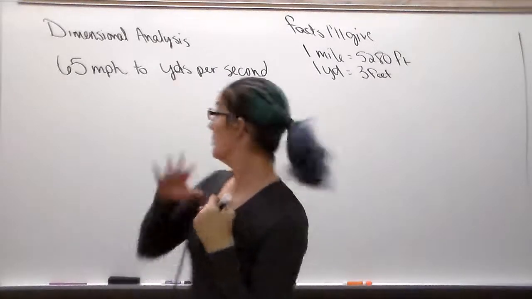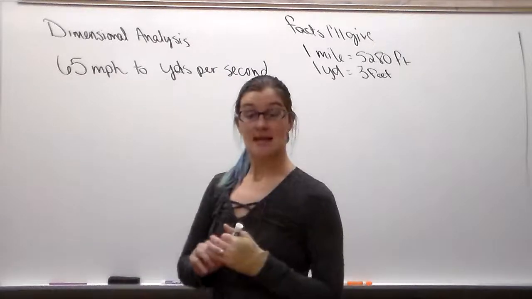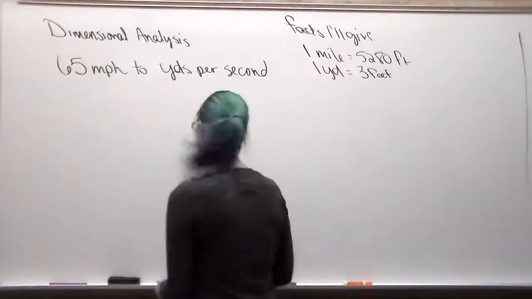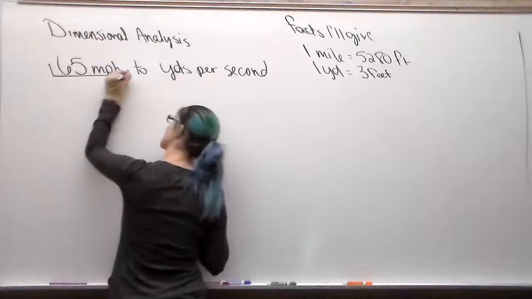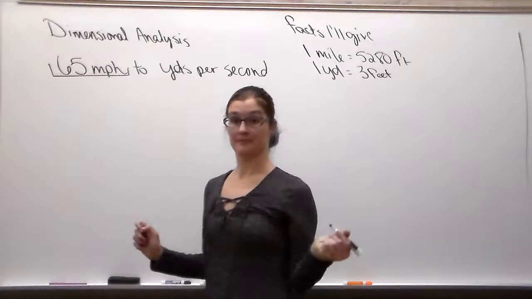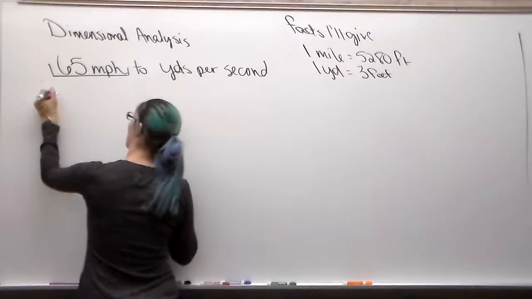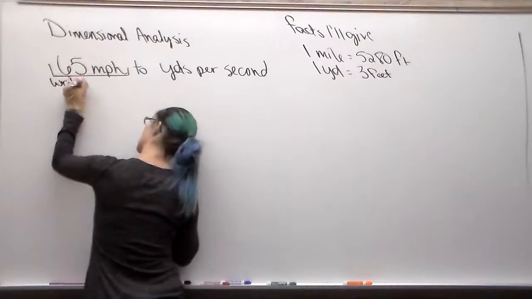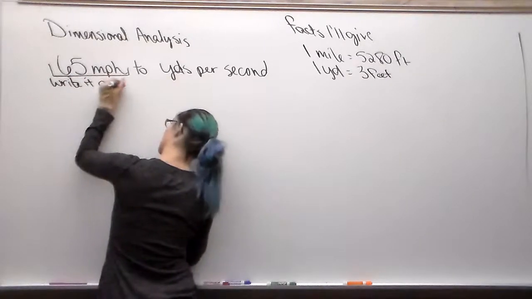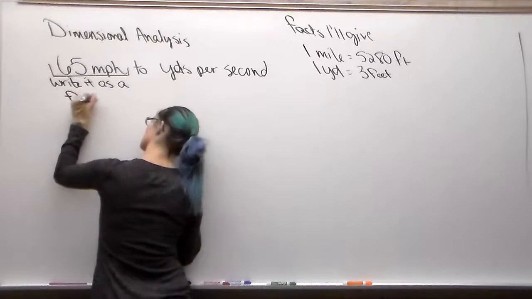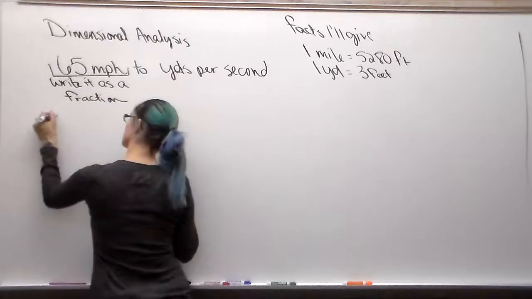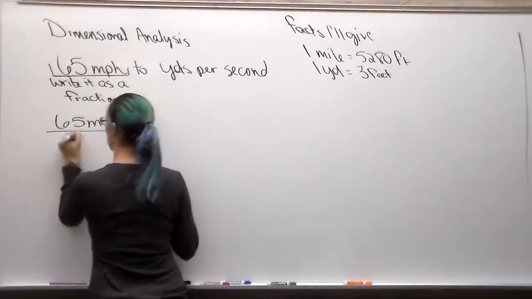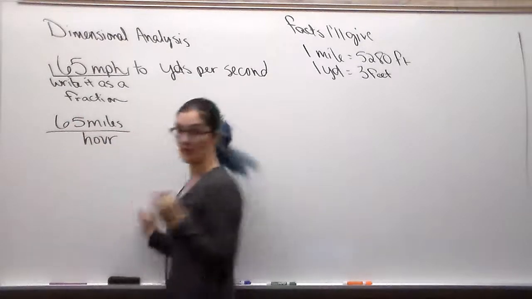And so the very first thing I'm going to do is identify the piece of information they gave me. They gave me 65 miles per hour. So first thing, I'm going to write it as a fraction: 65 miles per hour.